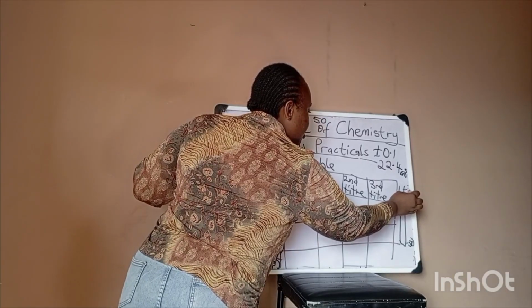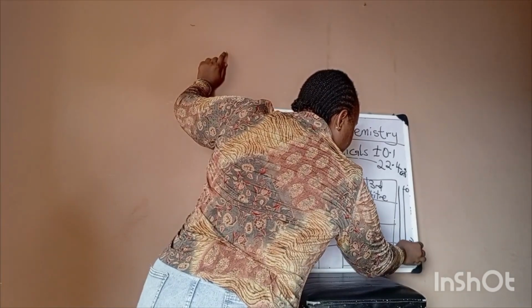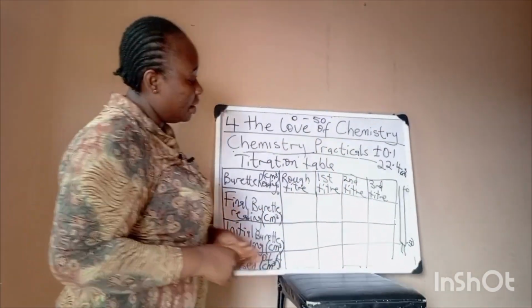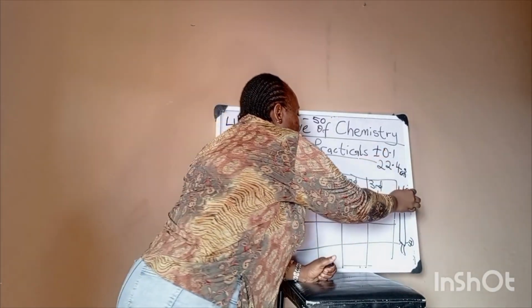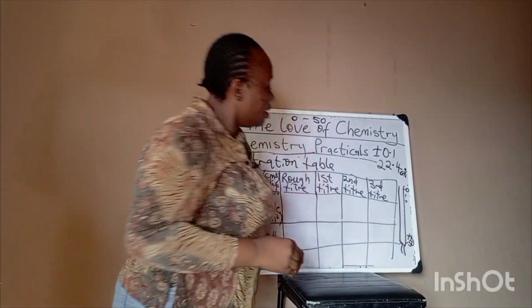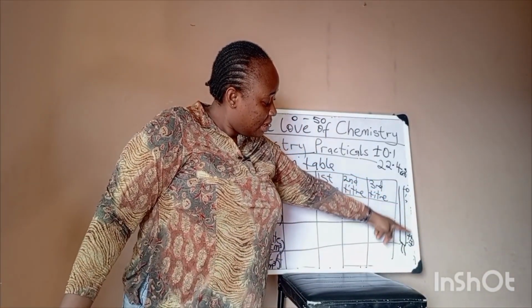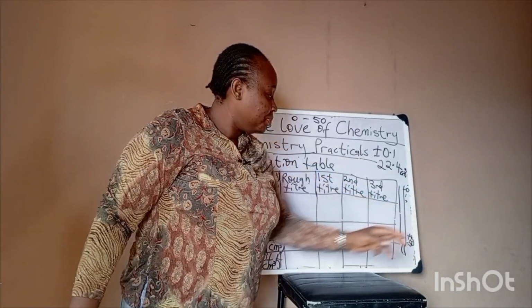Here is 0. But the acid is used through this particular mouth. So as the acid is going down, the number here is increasing.